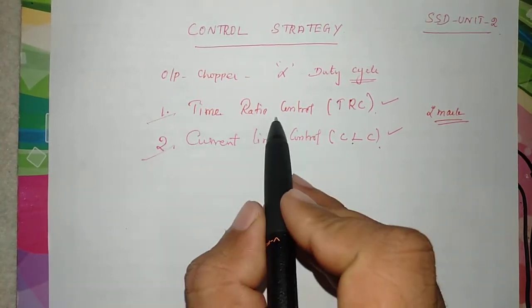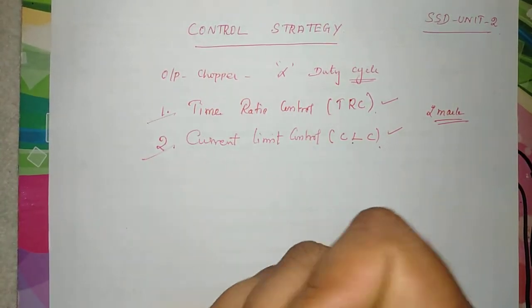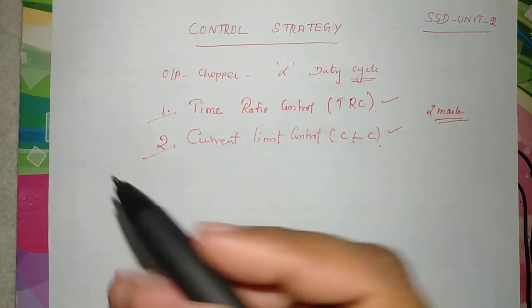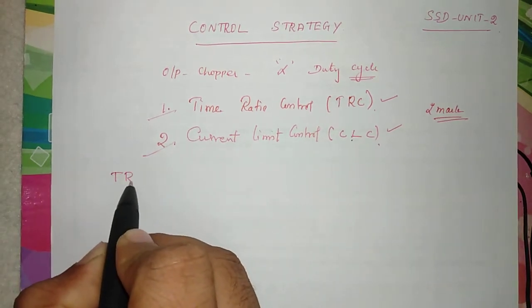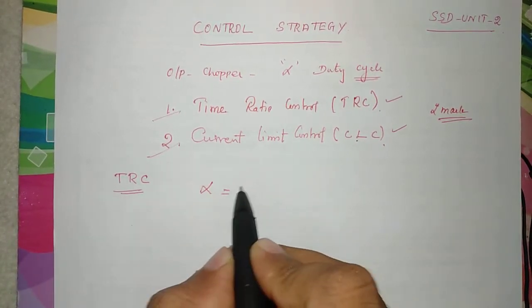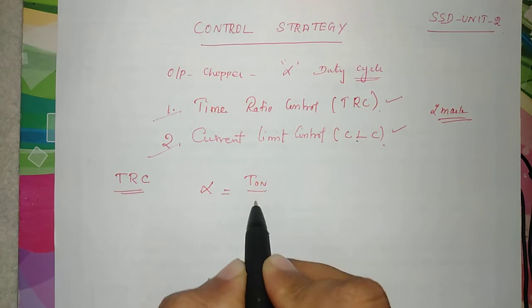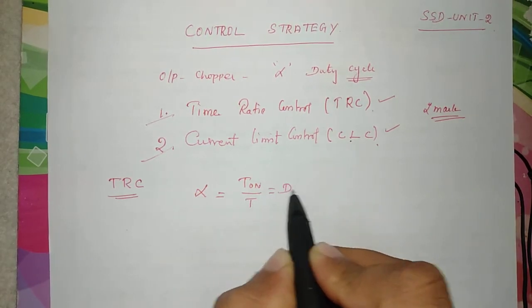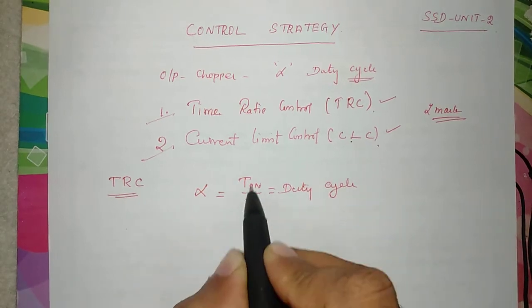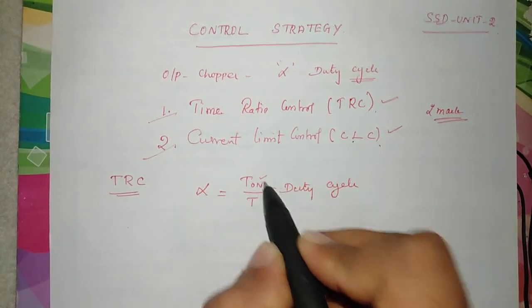What is time ratio control? In time ratio control, the value of alpha is equal to T on divided by T, that is our duty cycle, the ratio of on time to total time.